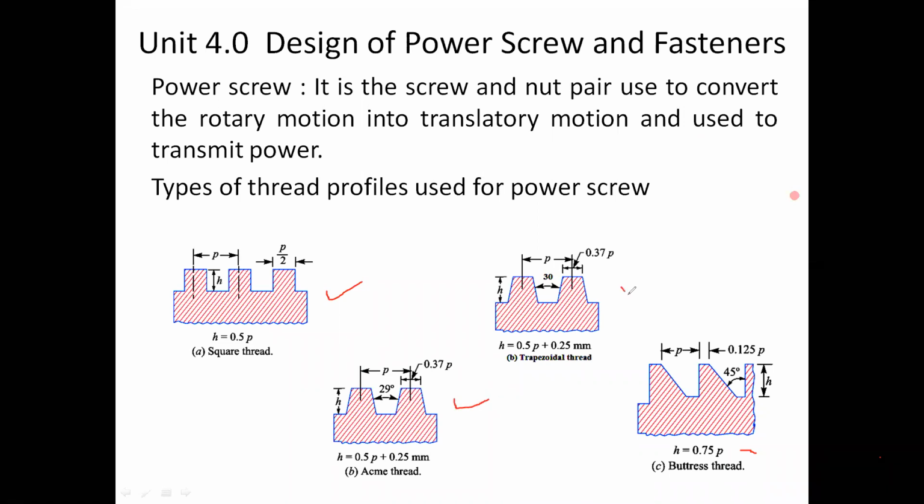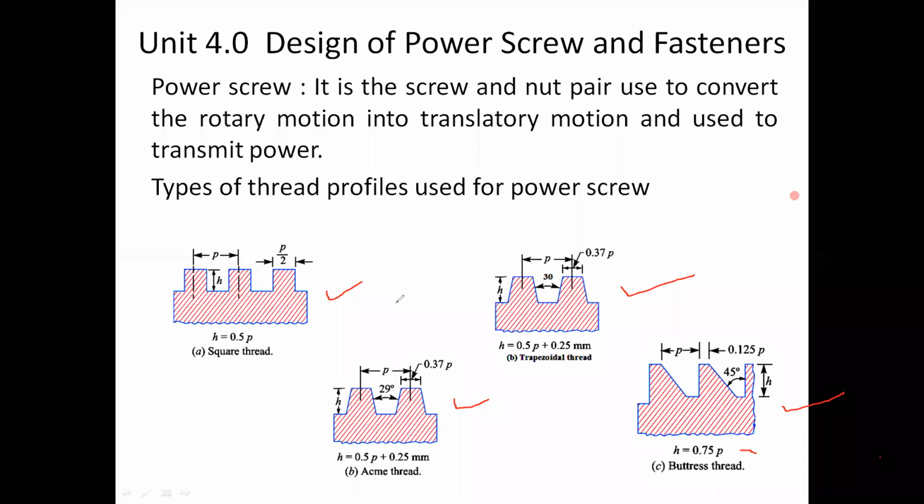Third one is trapezoidal thread. And fourth one is a buttress thread. So these are the 4 different types of thread profiles that are generally used to transmit the power.